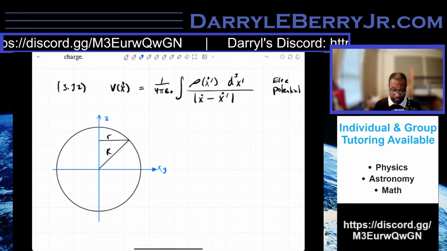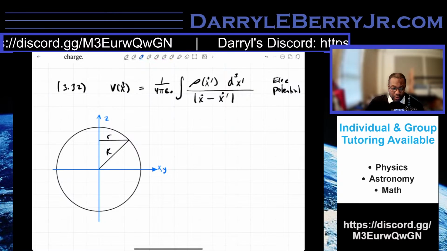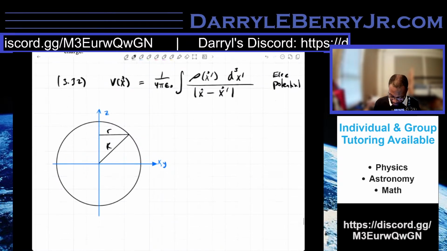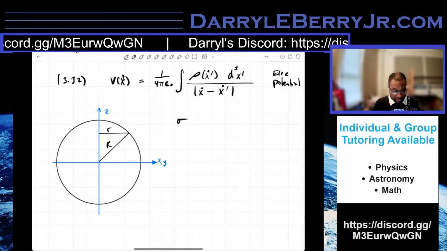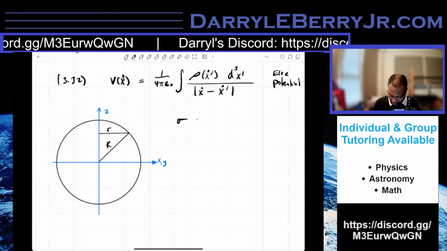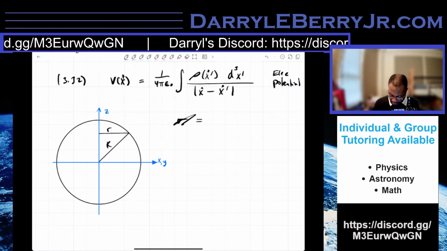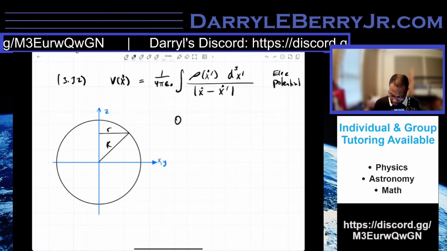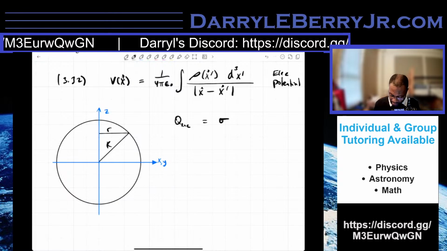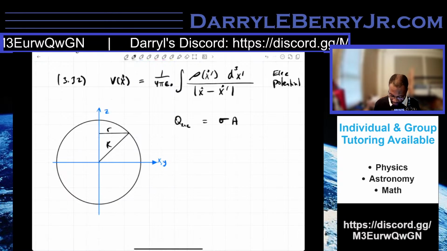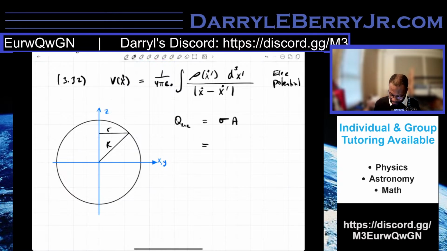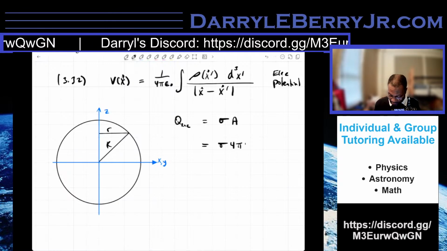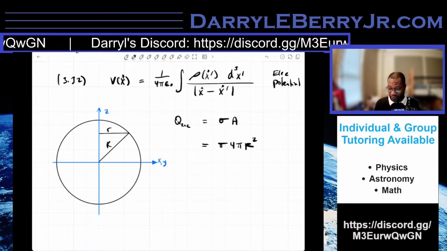So sigma, the charge density. Actually, if we do charge enclosed, it's going to be sigma times area, and the area of a sphere is 4 pi r squared.